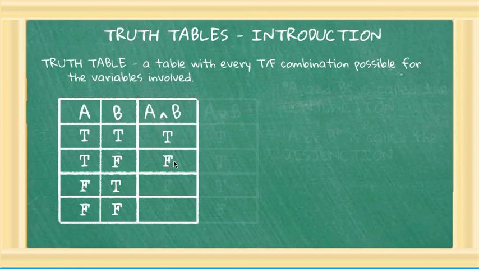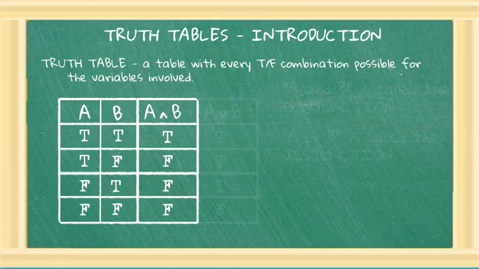Our AND statement cannot be true. So that ends up false here, and the same thing with the next one. If the left one is false, and if they're both false, it certainly can't be true. So it's only true in the one case where A and B were both true.